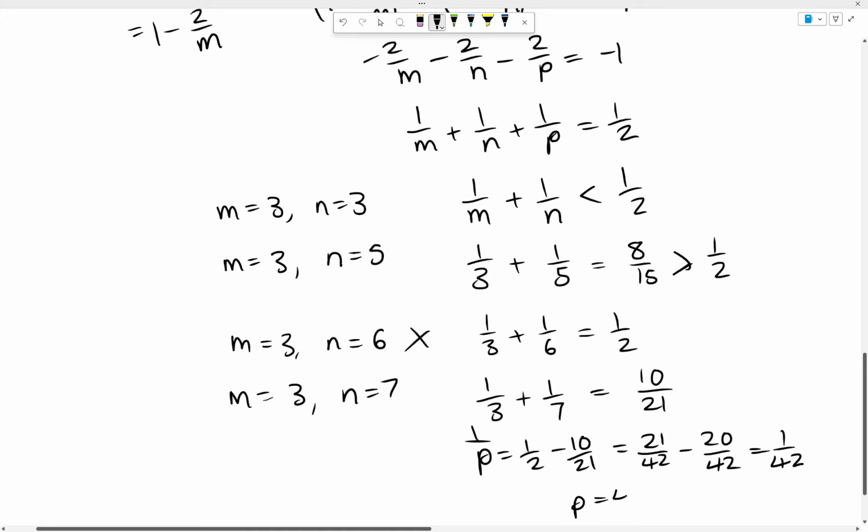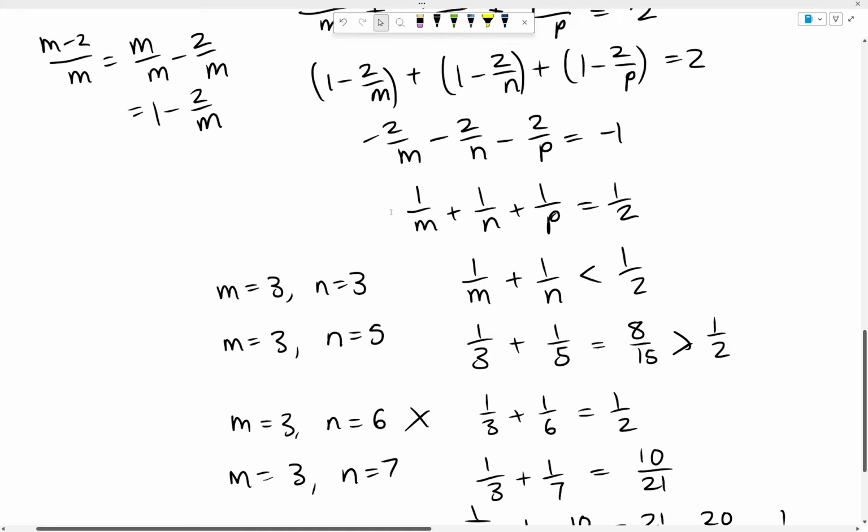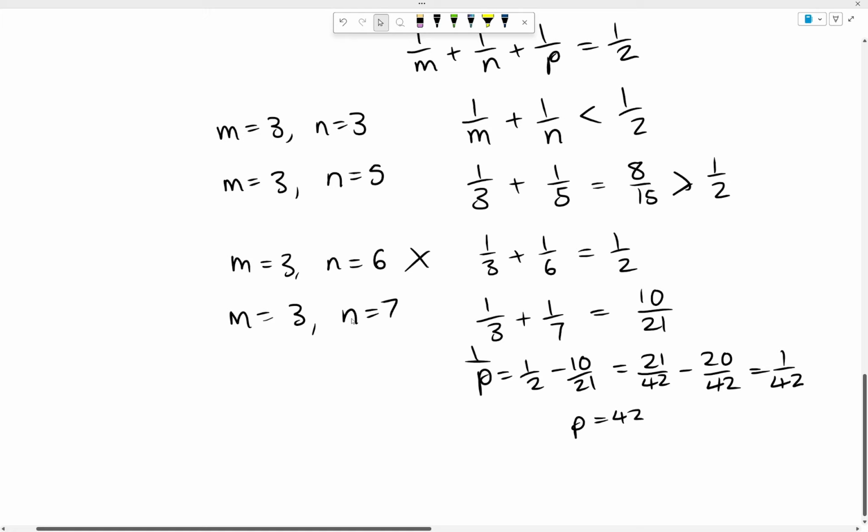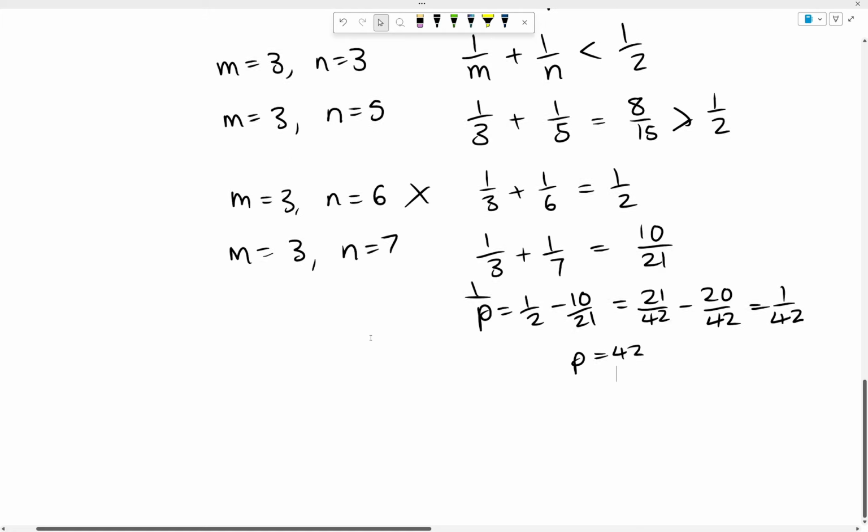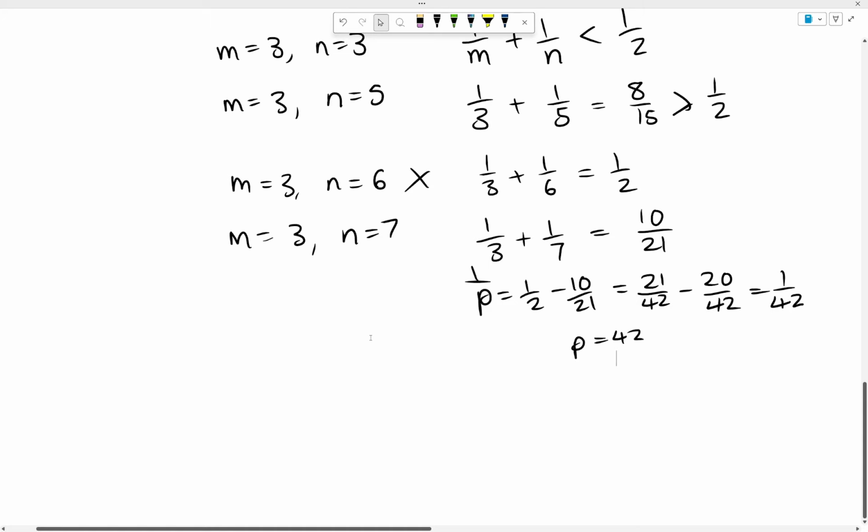So p is equal to 42 in this case. And I'm going to see what happens if I choose larger values of n.